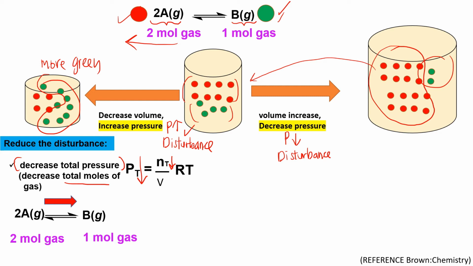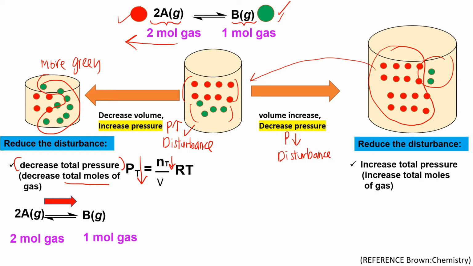So why will the system shift to the left side? Now we discuss the theory. The disturbance is a pressure decrease, meaning you must increase the total pressure. To increase the total pressure, you must increase the total mole of the gas. Look at this formula: if the total number of moles increases, the P total will increase. How do we increase the number of moles?